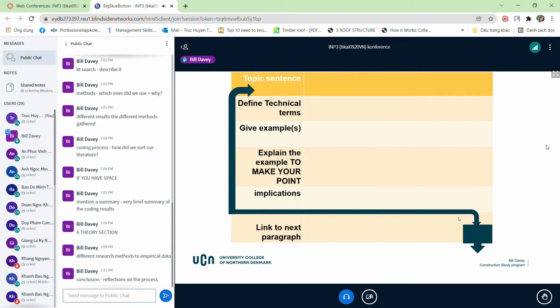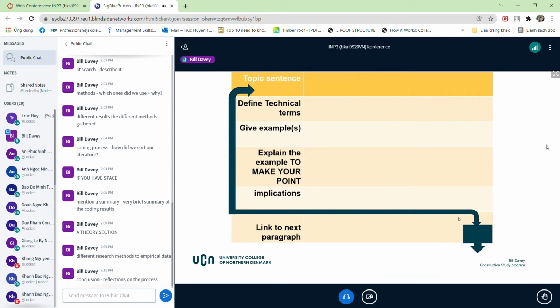But what is sustainability? Okay, so that means now that I have to define my technical terms. So I have to say what I think sustainability is for me, the writer. And then I give examples, and then I explain the example to make my point.